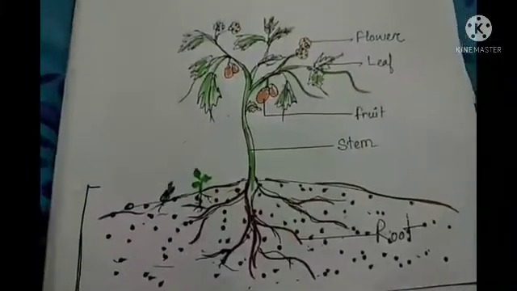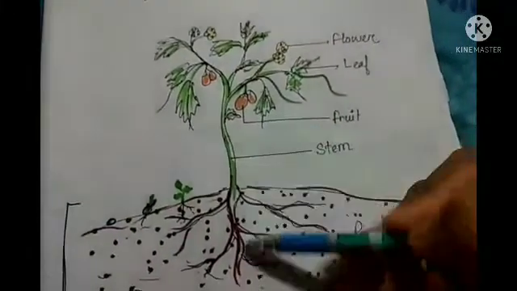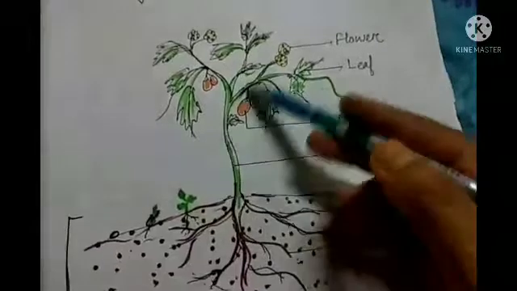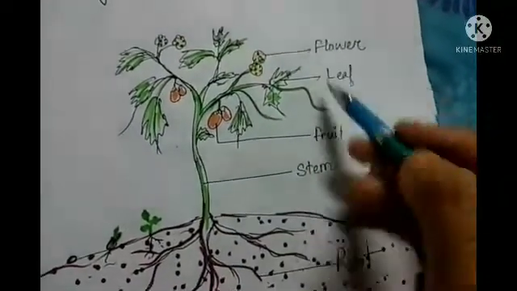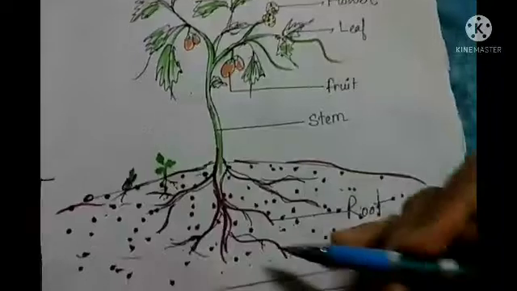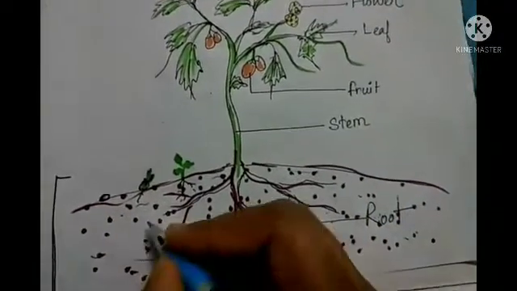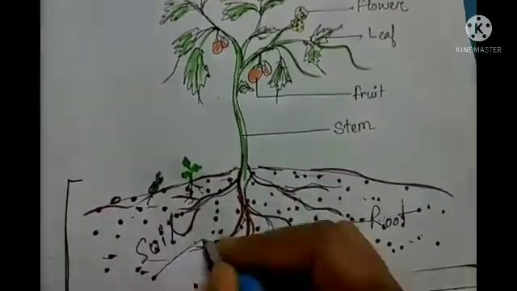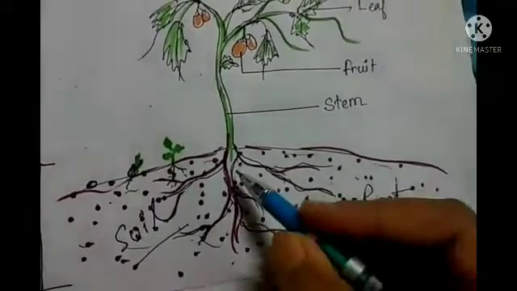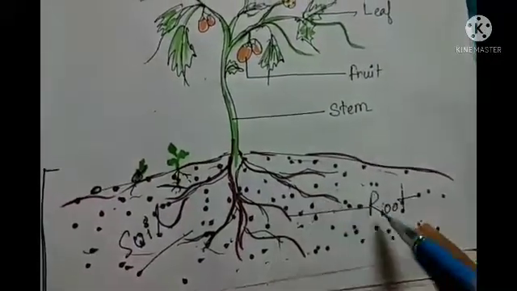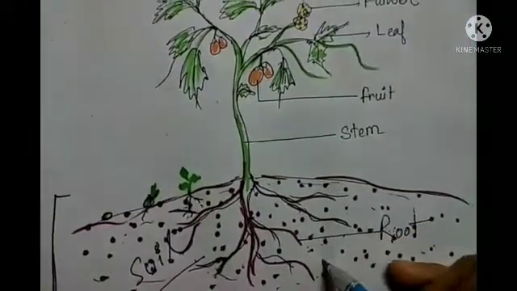So you can see here I have drawn one plant, and I have labeled some parts of the plant. This is the soil, students, which I have colored a little bit brown. First you can see this part: these are called roots and they are below the ground.